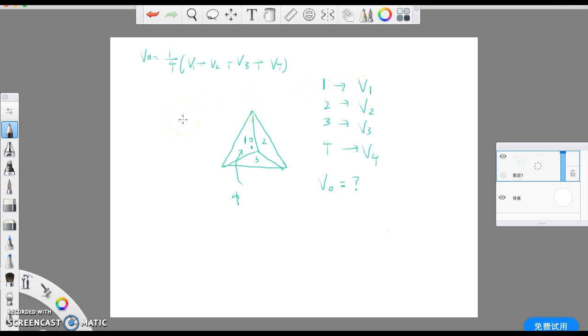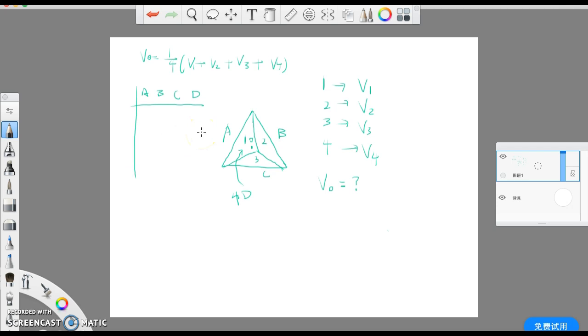Well, we can use the rotational symmetry of this tetrahedron. If I fix 4 positions A, B, C, and D corresponding to the initial position of faces 1, 2, 3, and 4, then we can rotate the whole system.